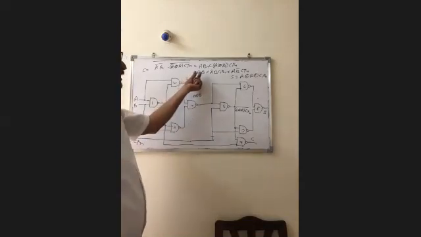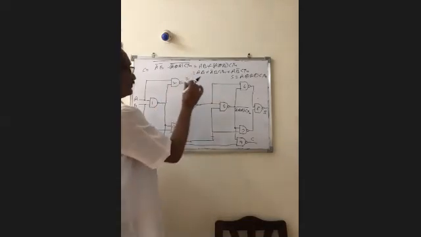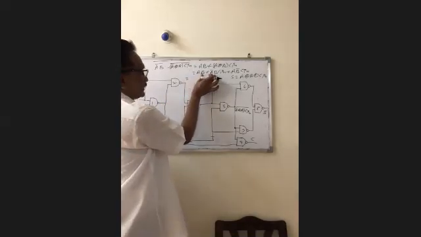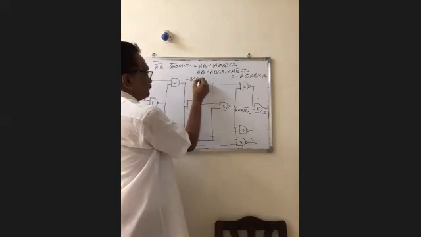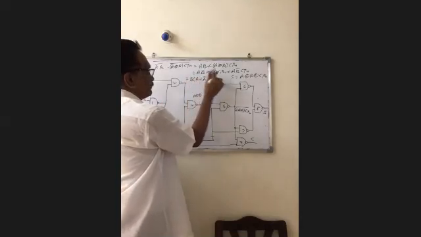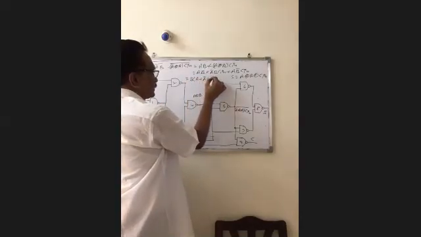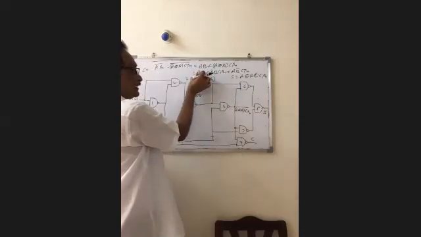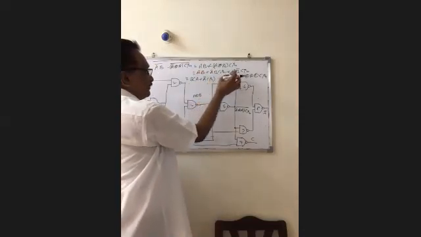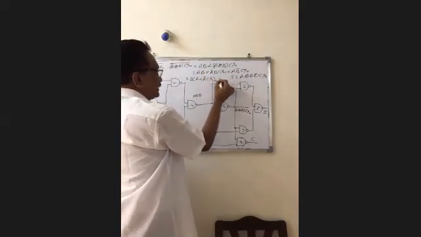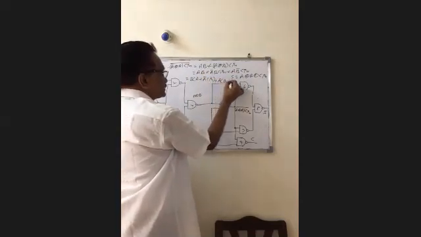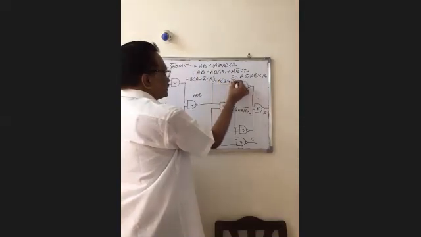For example, in the first two terms, factor out B. So B multiplied by A plus A bar C in. Similarly, in the second AB term and this term, factor out A. So it can be written as A multiplied by B plus B bar C in.